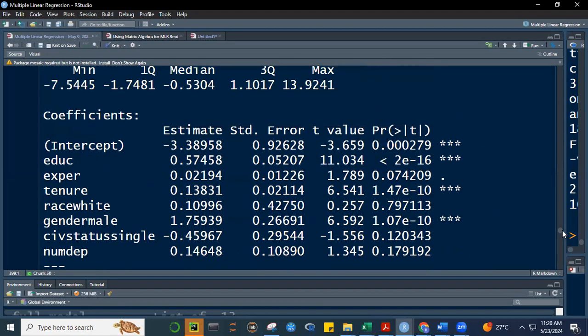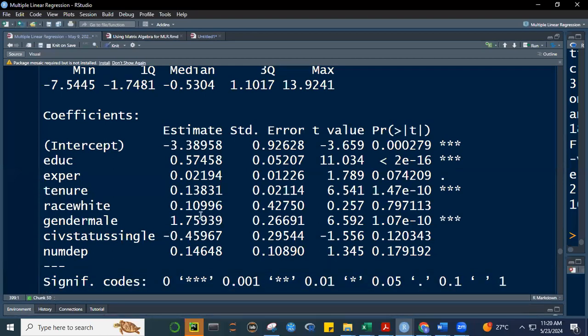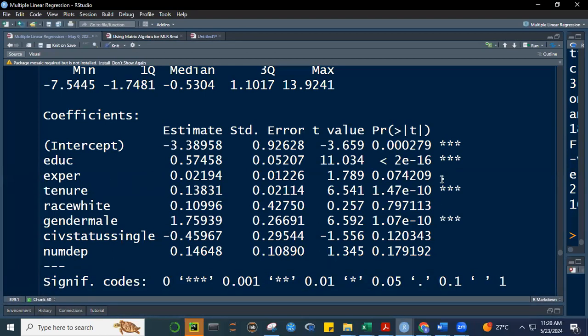We can see here that education is significant. Three stars means it's significant at 0.1%. Experience is significant only at 10%, so if we maintain the level of significance alpha at 0.05 or 5%, then we will have to reject experience as a predictor of hourly wage.